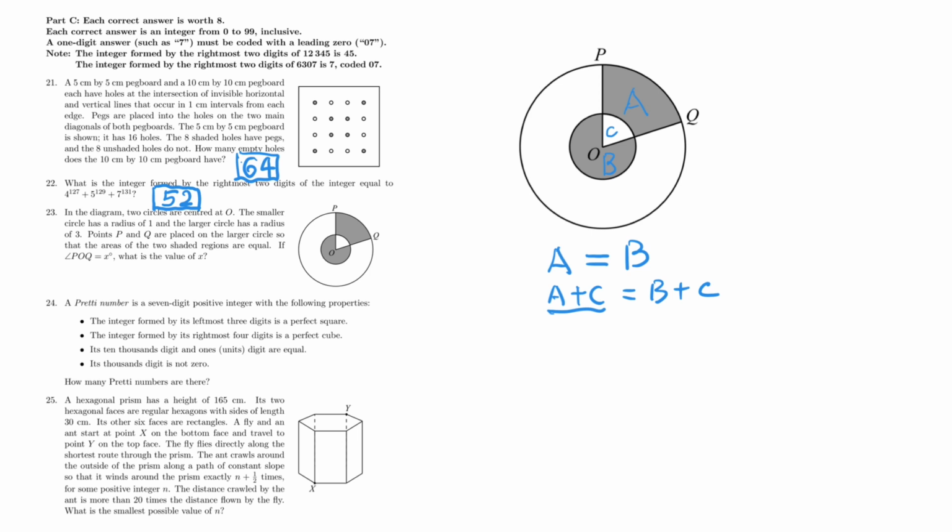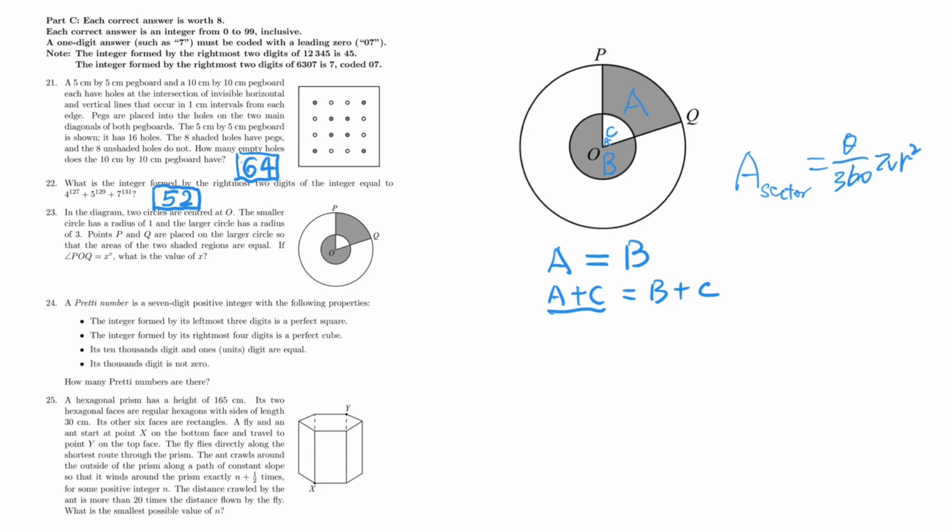Sector area formula: the area of the sector is theta over 360 times pi r squared. Theta is the central angle. For this problem, central angle POQ is x.